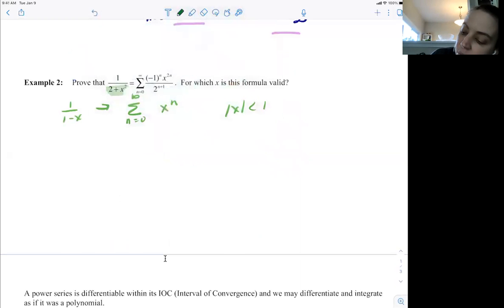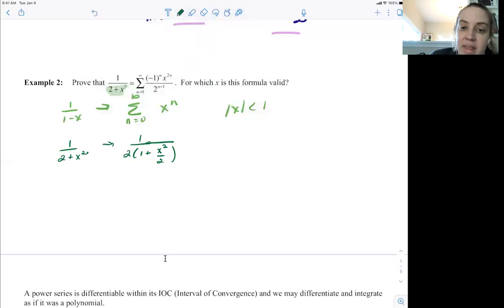If I have 1 over 2 plus x squared, I'm going to factor out a 2. So this is 2 times 1 plus x squared over 2. Okay. The next thing I'm going to do is leave my 1/2 in the front and think of this as 1 over 1 minus negative 1/2 x squared.